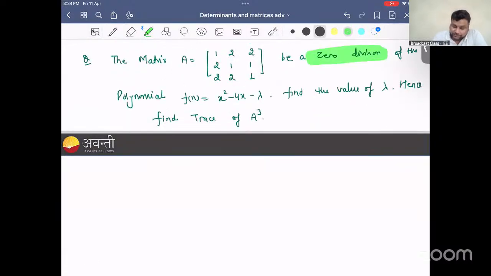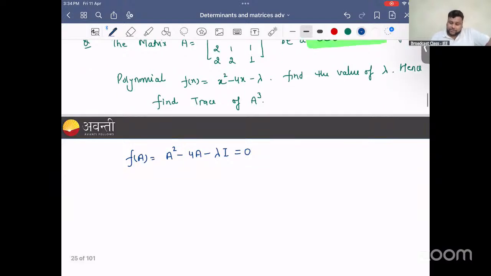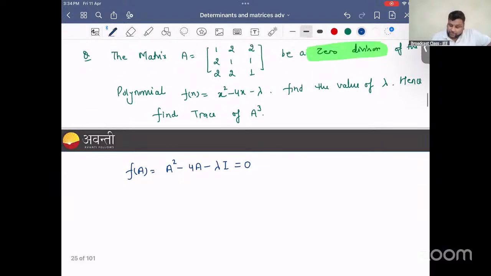First of all, f of A is A square minus 4A minus lambda I. And since it is a zero divisor, it will satisfy and it will become a null matrix. So first of all, we will calculate A square and then 4A we will subtract and then compare to get the value of lambda.